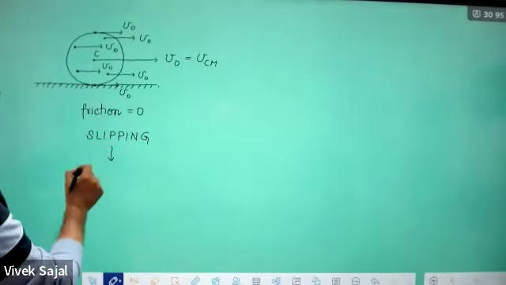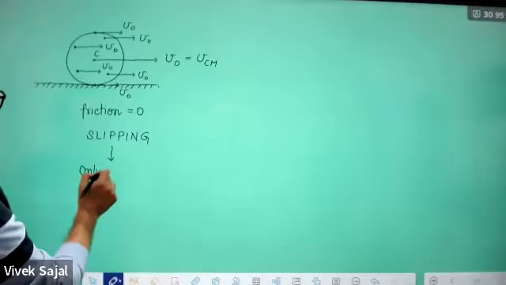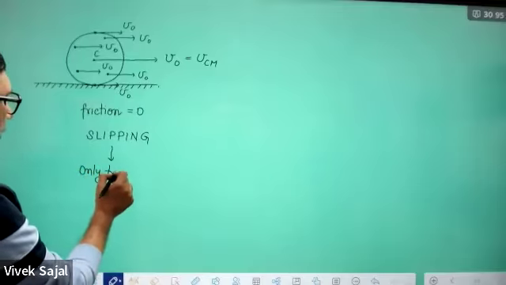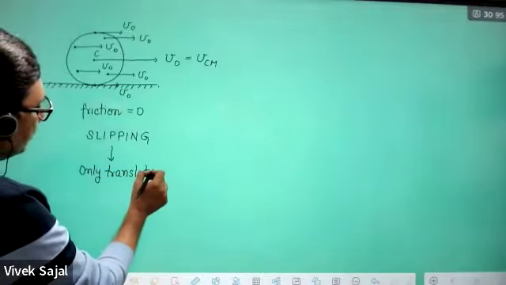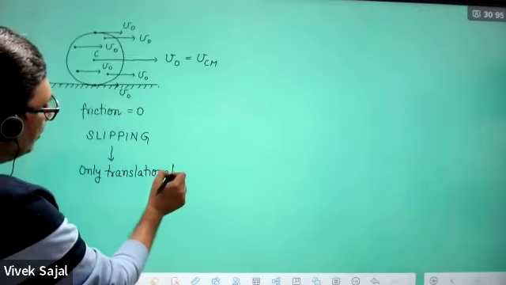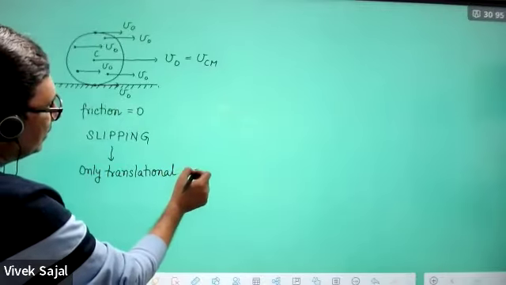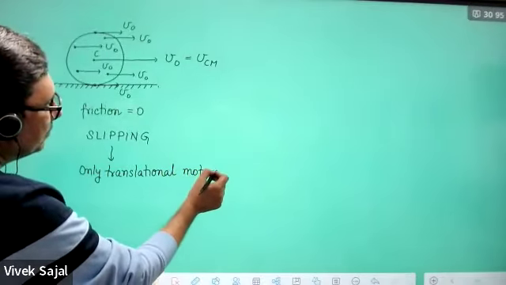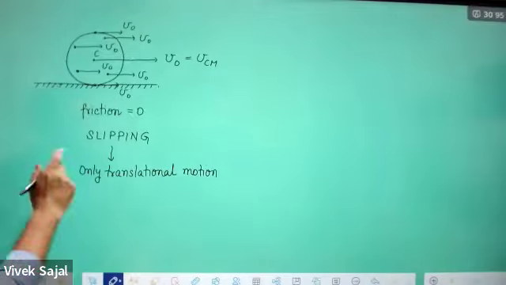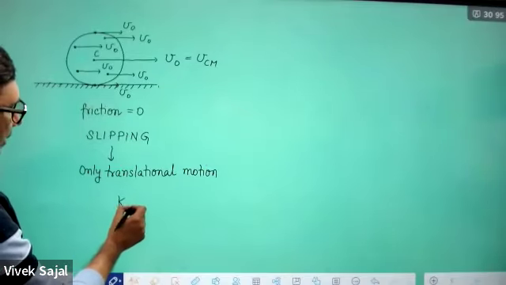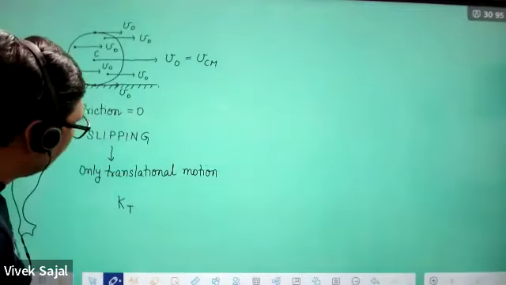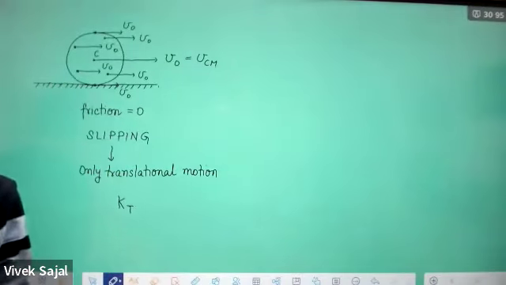Only translational motion is taking place. Only translational motion is there. If only translational motion is there, then what will be the kinetic energy? There will be only translational kinetic energy here.